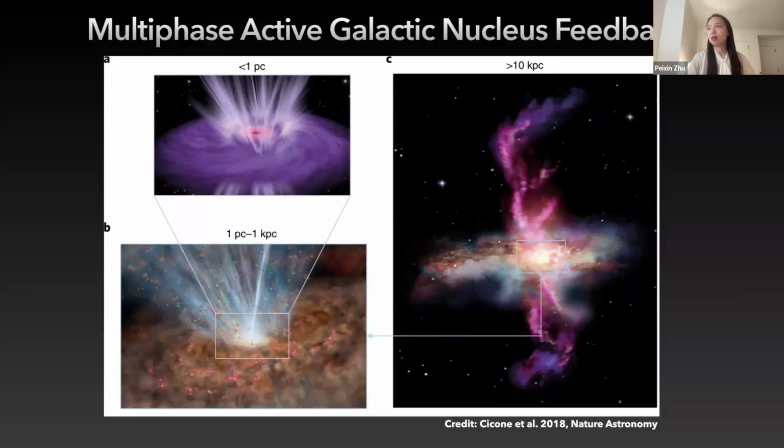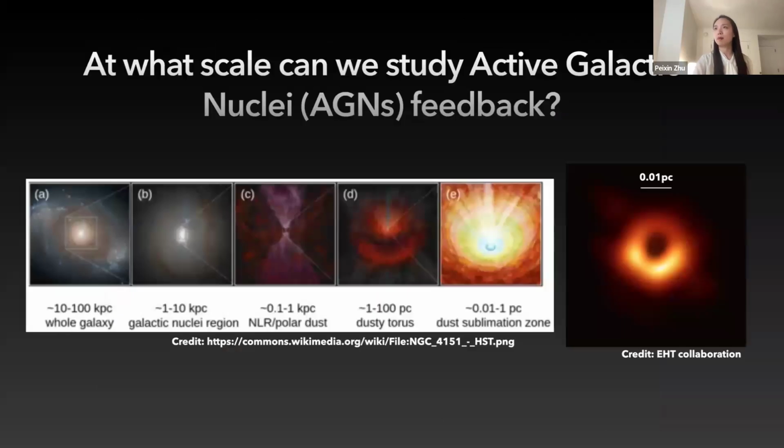So these are the main three mechanisms that we classified as AGN feedback, that people propose to be the solution for maintaining this well correlation between black hole mass and galaxy stellar mass.